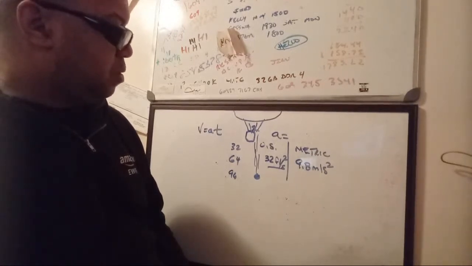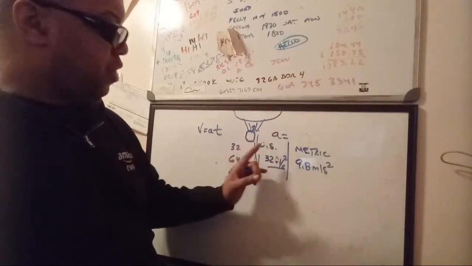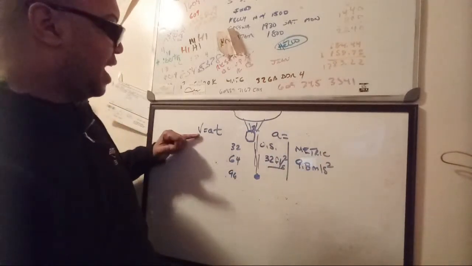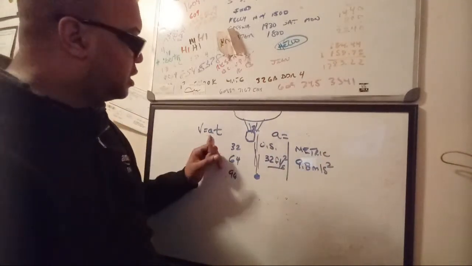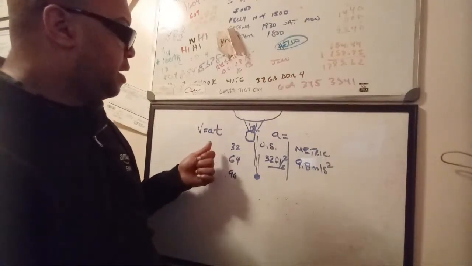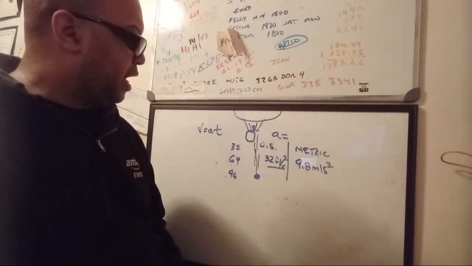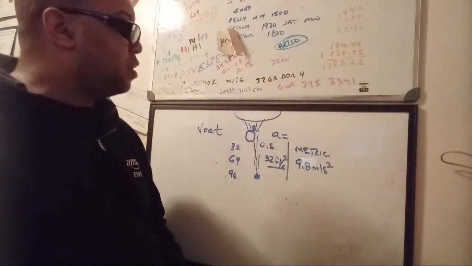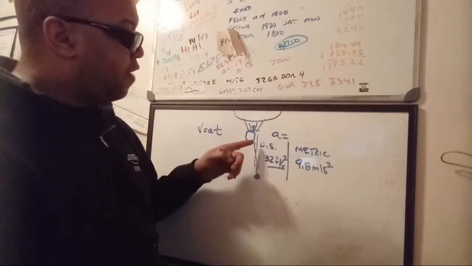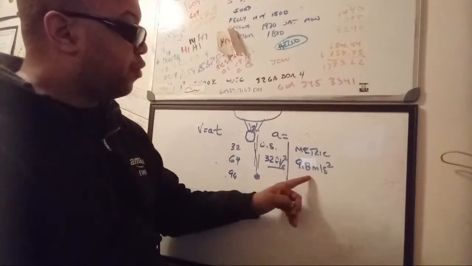Whether you're working in metric or U.S. customary units, velocity equals the acceleration times time in seconds. Now tell me in metric units how fast this object is falling after 3 seconds.